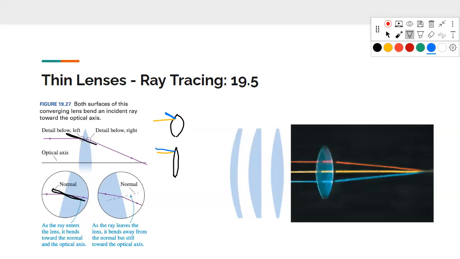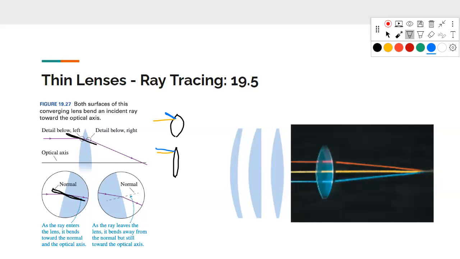So you can see what we're doing with a lens when we curve the surface is that we're still using refraction to bend light, but the amount by which we bend the light, which is always determined by an angle relative to the normal line, changes depending on the radius of the surface of the lens.